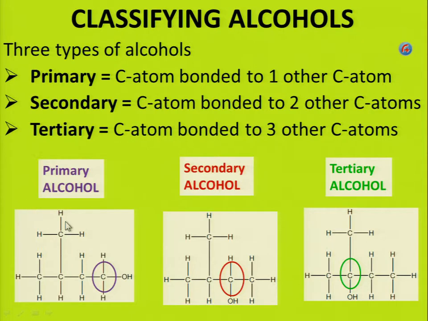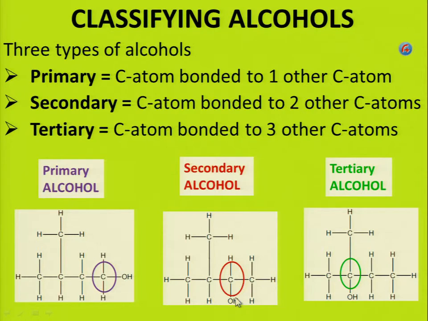So, a primary alcohol, the carbon bonded to the OH group is bonded to only one other carbon. Therefore, this carbon is primary and this is then a primary alcohol. Secondary alcohols.